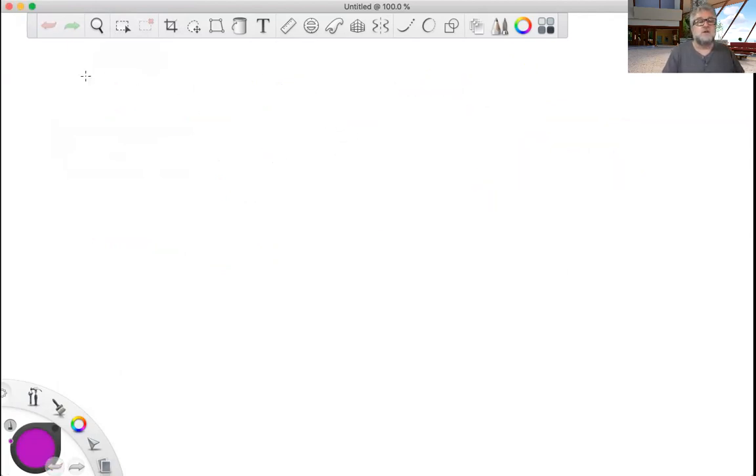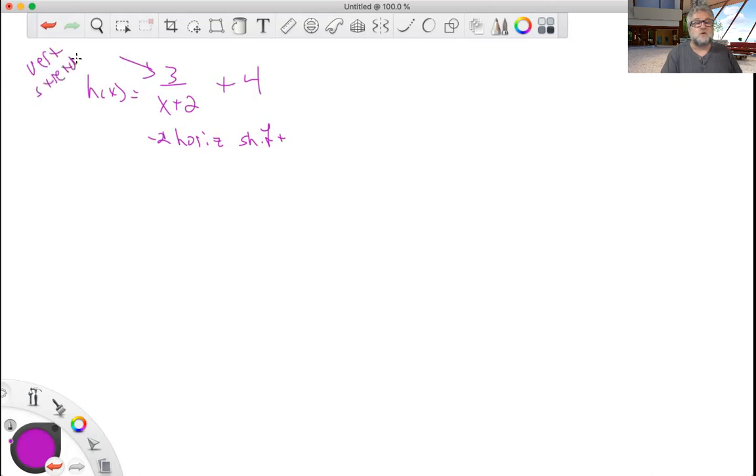So what if h of x is 3 over x plus 2 plus 4? So this is still a -2 horizontal shift. And this is still a vertical stretch of 3.